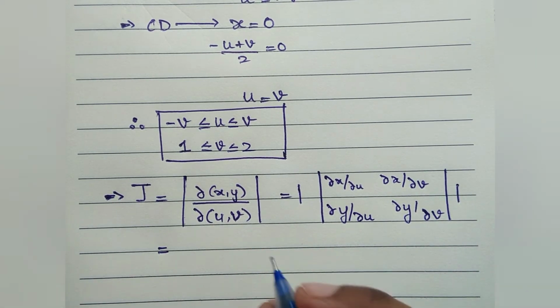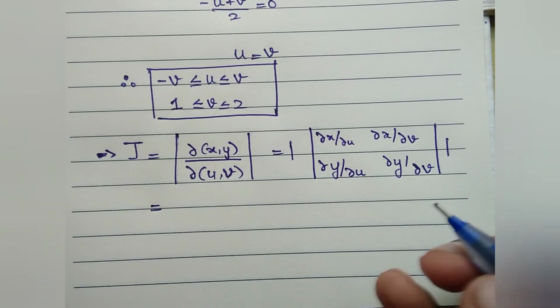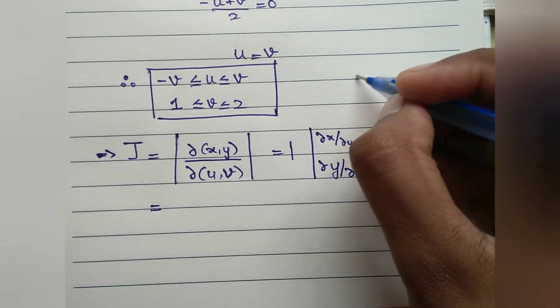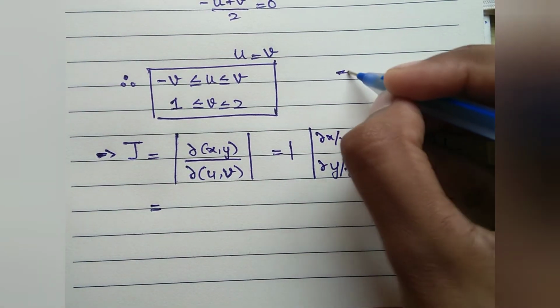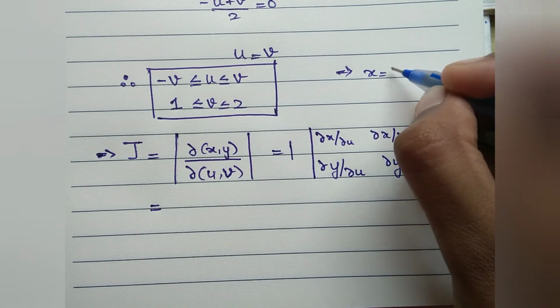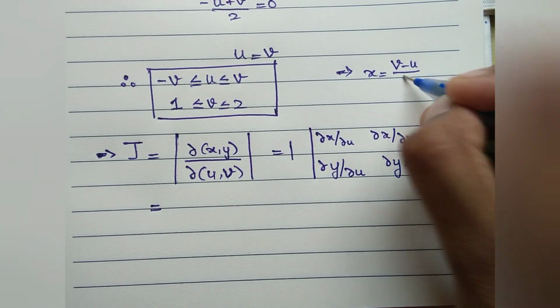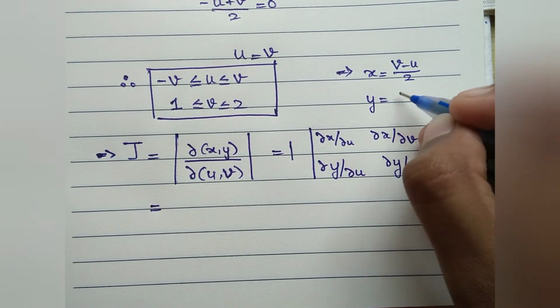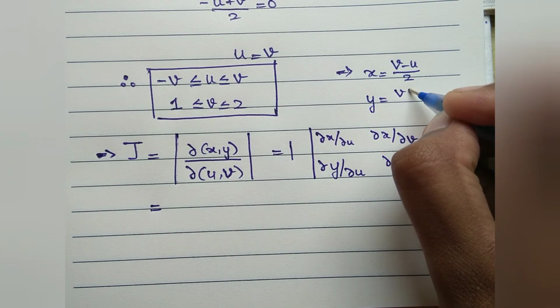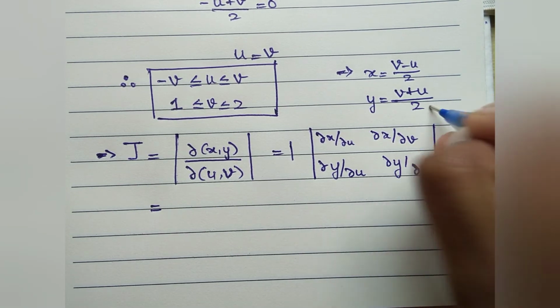Now let me just write the equations again. We have x equal to (v minus u) by 2 and y equal to (v plus u) by 2.